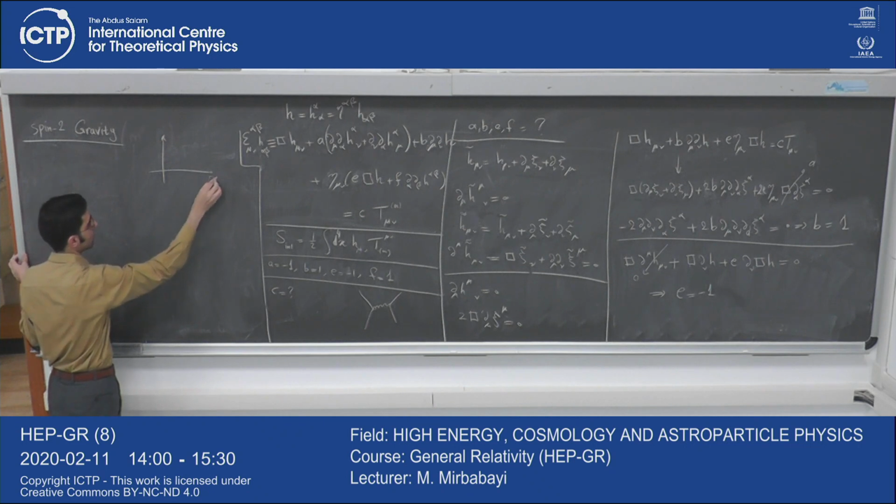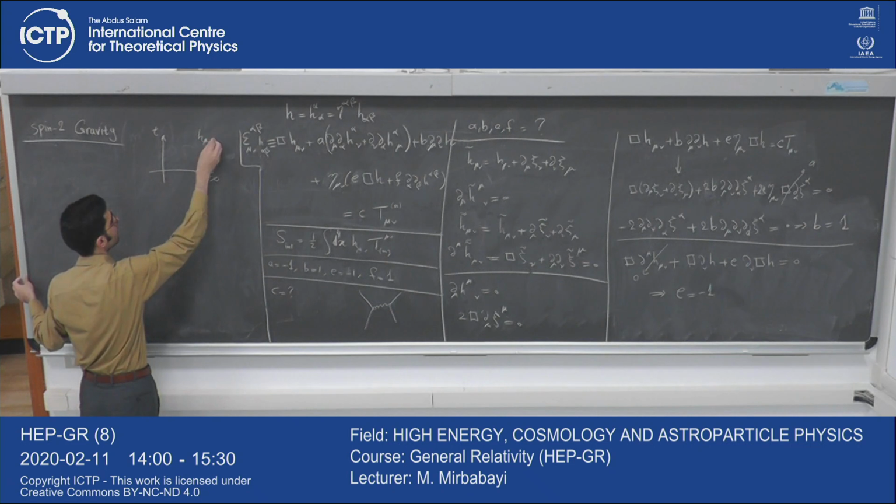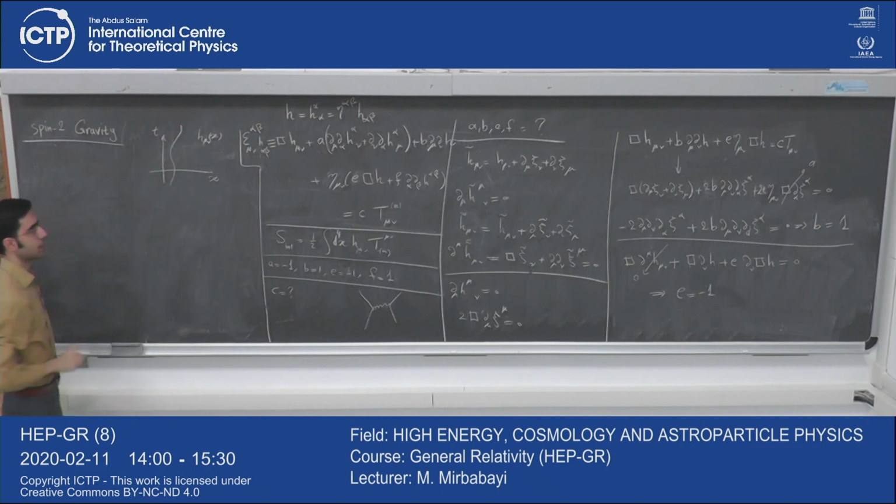You should think of H mu nu as a background field on a particle that moves in it, and we want to see how its motion is modified because of H mu nu.